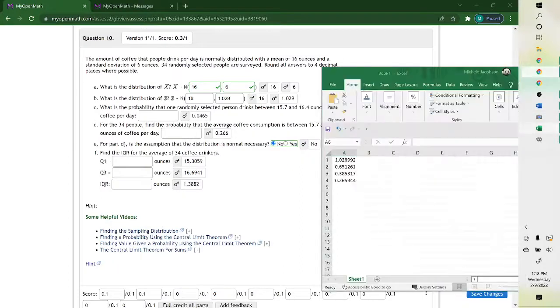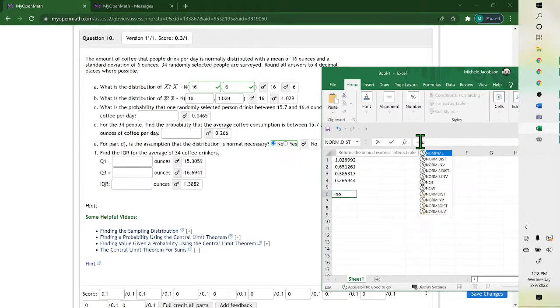If we go back to our problem, if we're finding Q1, that means 25% of the data is below it. It's using the average of 34 coffee drinkers, which means we're using B and not A. If it said a random sample, then we'd use A. So for 34 coffee drinkers, we're going to do equals norm, but in this case we're using 25%, finding the number, so then you use inverse.